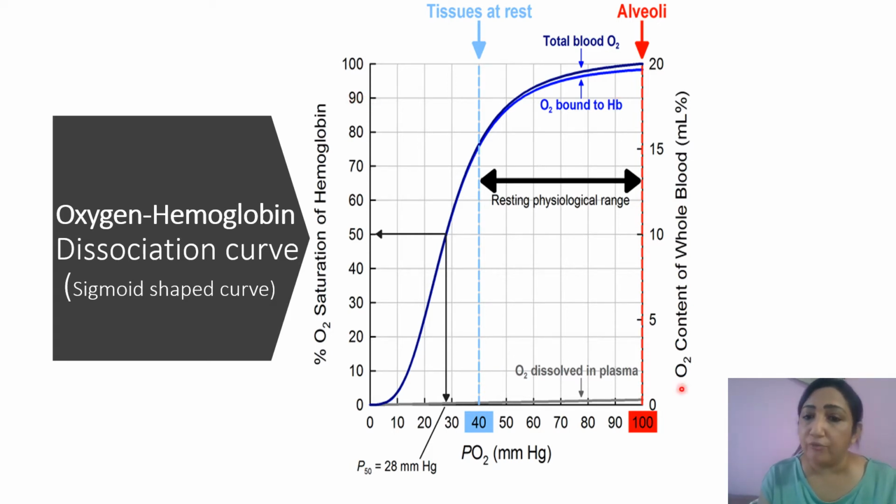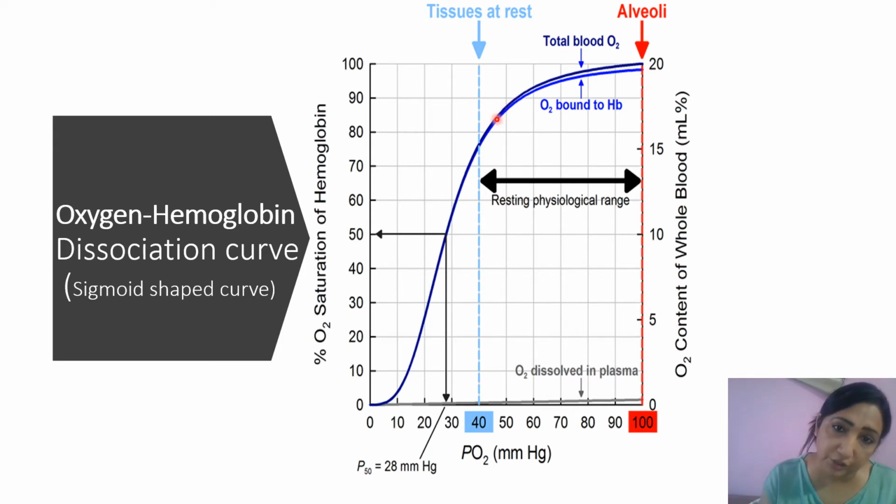That means from 100 to 55 millimeters of Hg, the hemoglobin remains 90% saturated. So this part of the graph is called the flattened part, and this flattened part is actually a safety factor. I'm coming to that later.